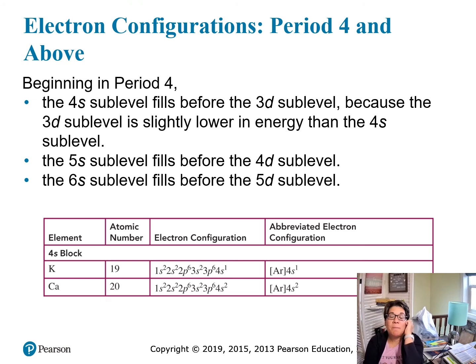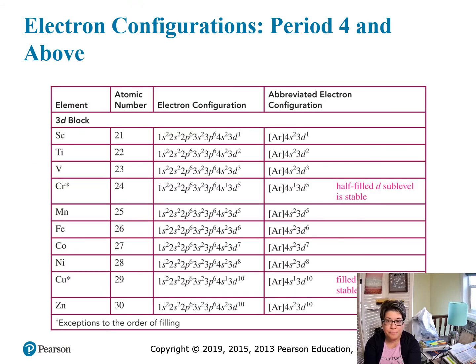As we go above period 4, so we're on row 4, things get a little bit tricky. And that's because they kind of seem like they go out of order. So you can see here we're on potassium, happily going along, filling up these shells, then calcium, and then things get a little weird when we hit the 3D sublevel. So look at what happens.